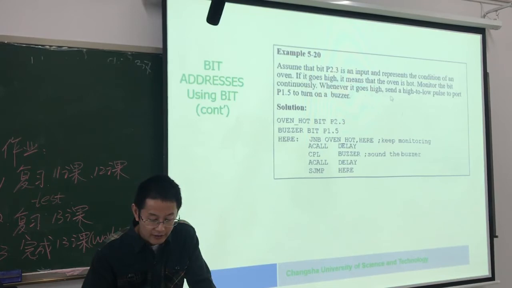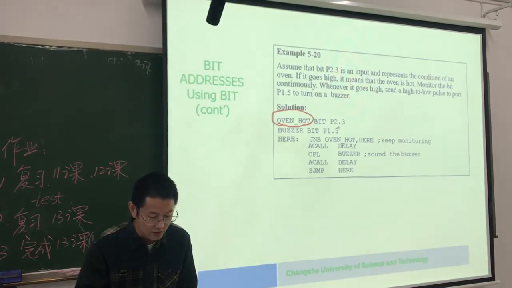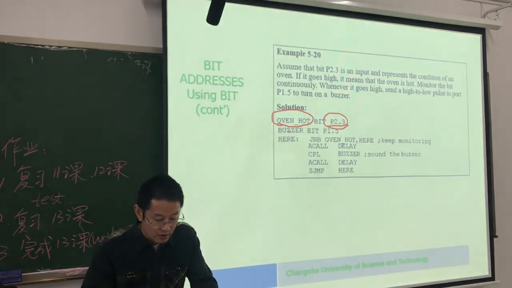Whenever it goes high, send a high-to-low pulse to port P1.5 to turn on a buzzer. Solution: oven underline hot represents P2.3, buzzer represents P1.5.